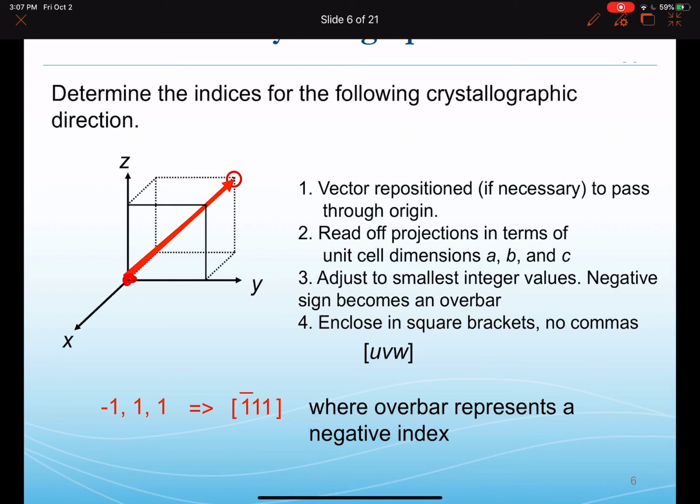So hopefully you can see here that our beginning information is -1a, walking now over, so that takes you to the back corner here, then +1 over to this area, and then to finally get to where the arrowhead is, we have to go +1 to get up to that corner. -1, 1, 1. No need for reduction. We don't have any fractions, so no need to multiply through to eliminate fractions. And the negative sign becomes an overbar, and so we have a 1 overbar, 1, 1 square bracket syntax for the direction.